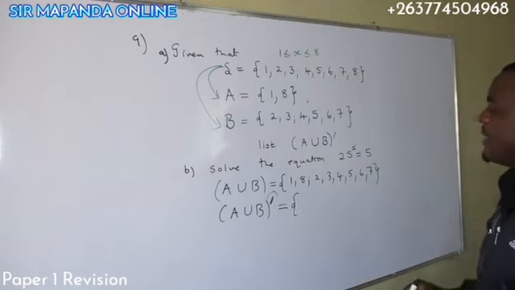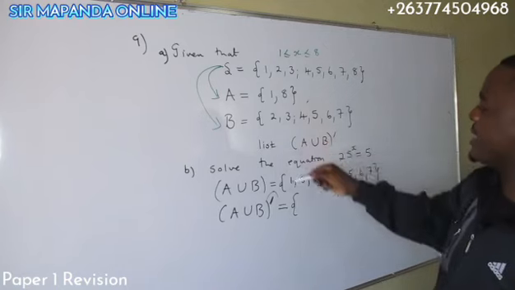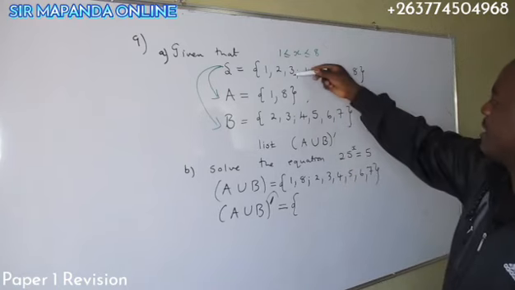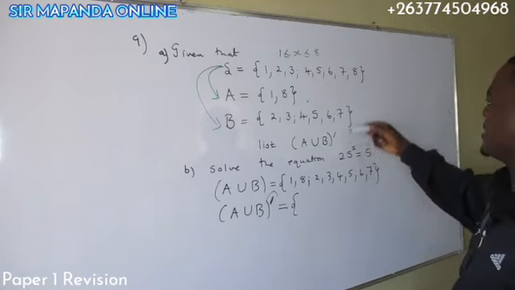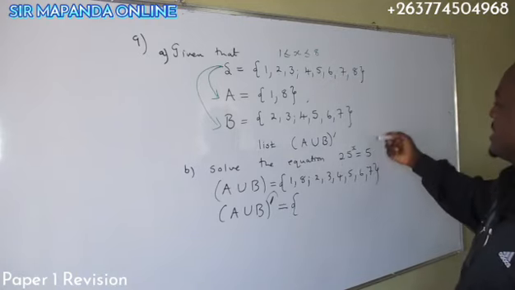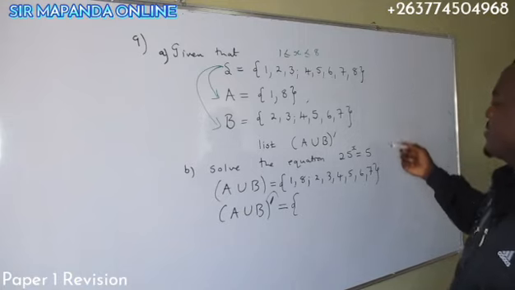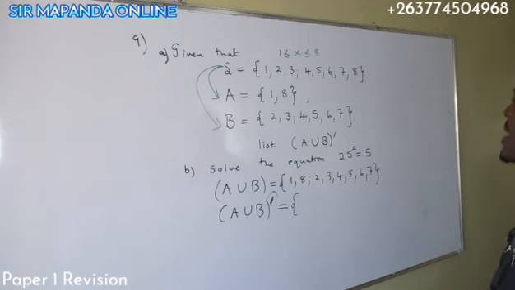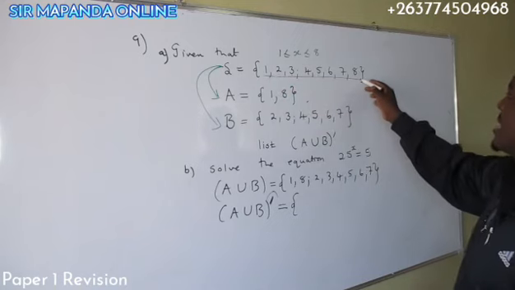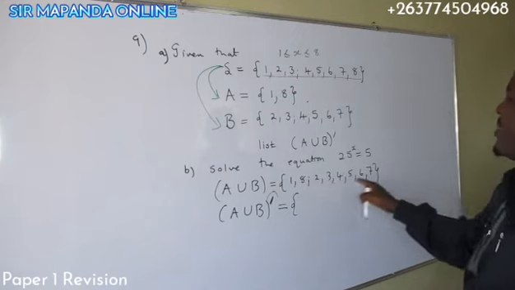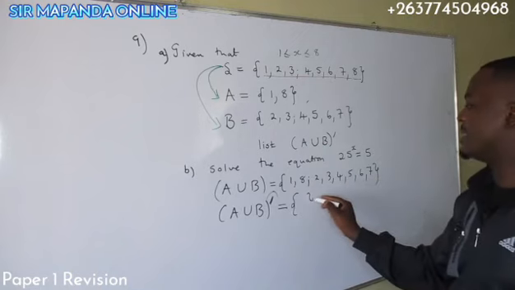So what are those numbers? 1 is part, 2 is part, 3 is part, 4 is part of the set, 5 is part of the set, 6 is part of the set, 7 is also part of what? Of the set. So it means there is no number inside the universal set which is not part of A union B. So your answer is an empty set.